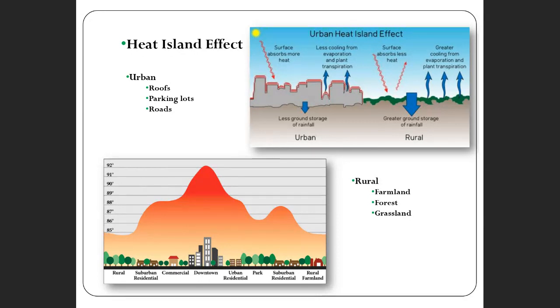And obviously in a rural area, the sun is shining down on a farmland or forest or grassland, right? That absorbs less heat than those dark surfaces in an urban area. Again, in sustainable sites, we're trying to utilize strategies that mitigate this urban heat island effect to the extent that we can with one individual building.